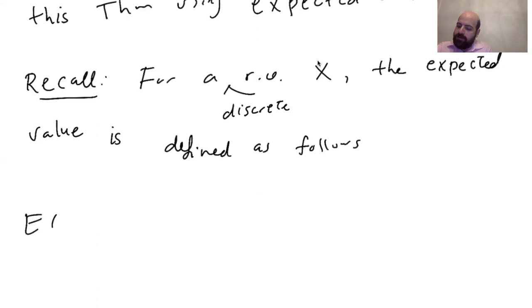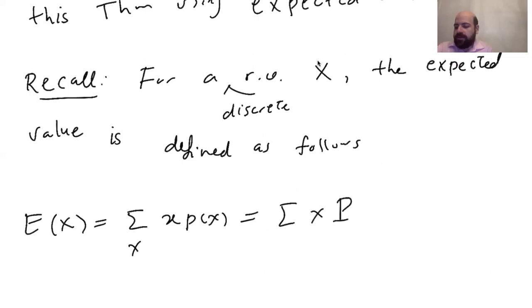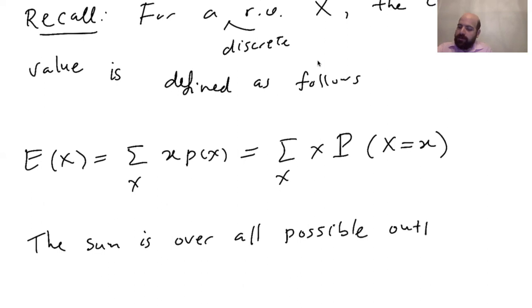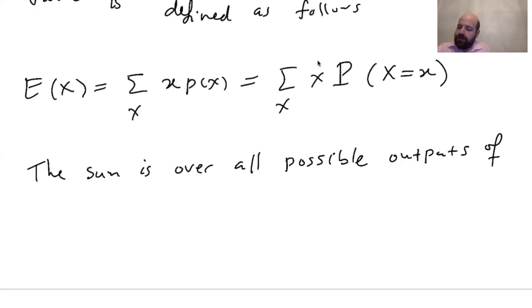The expected value of X is the sum over x of x times P of X equals x, and the sum is over all possible outputs of capital X. Remember, capital X is a random variable, therefore it's a function from the sample space to real numbers.